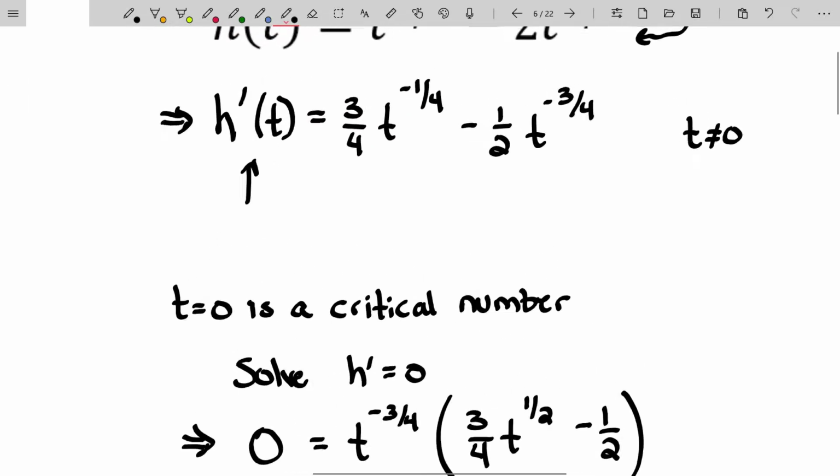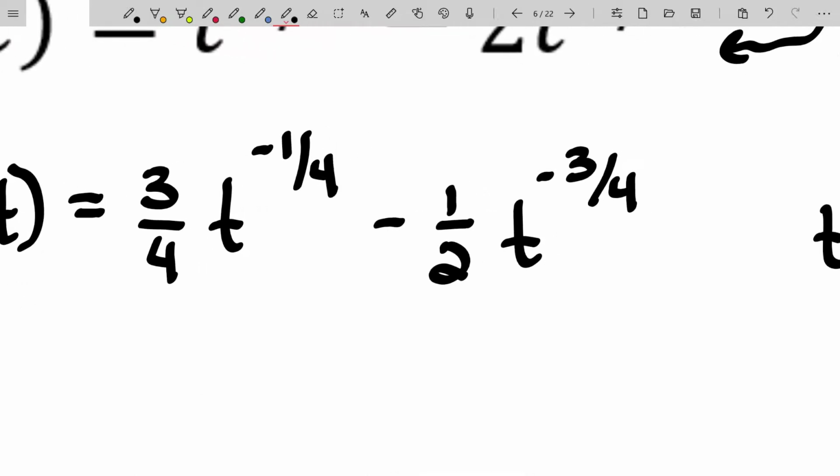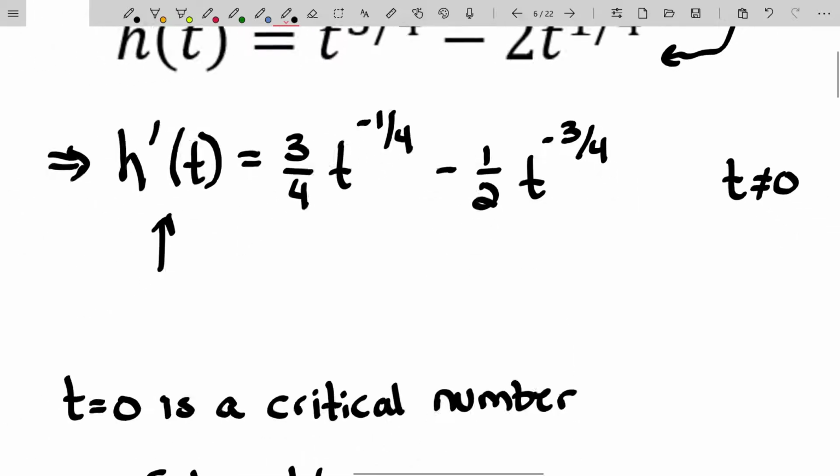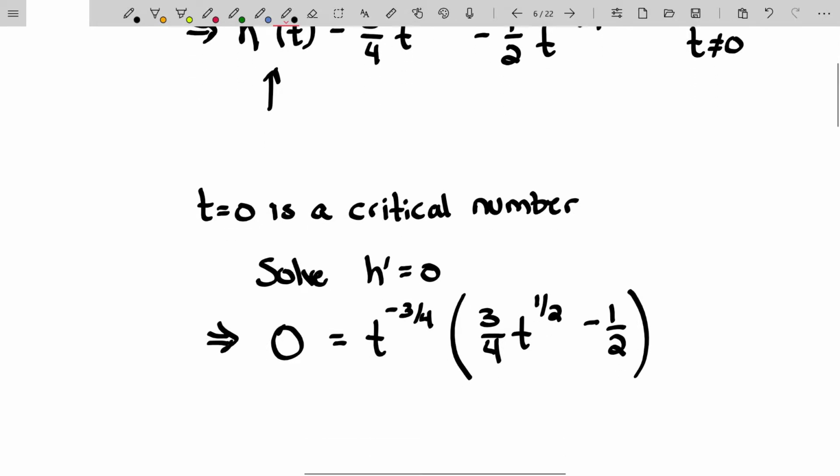So all I did here was factor out the lowest power of t to the negative 3/4. When you do that, you're actually adding 3/4 to all those powers on t. And so negative 1/4 plus 3/4 is 2/4. So that would end up being a t to the 1/2. And negative 3/4 plus 3/4, that's t to the 0th. So that's how I factor very quickly.